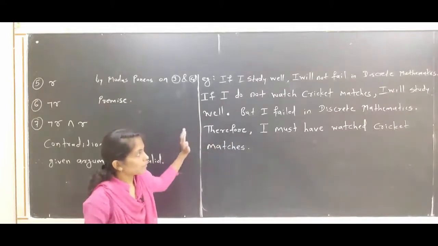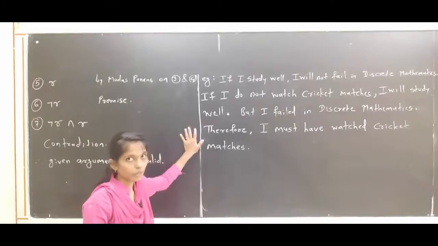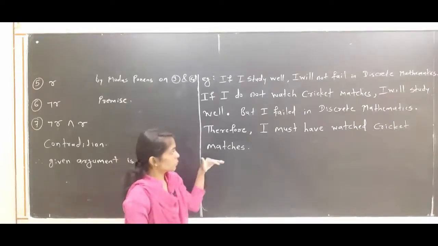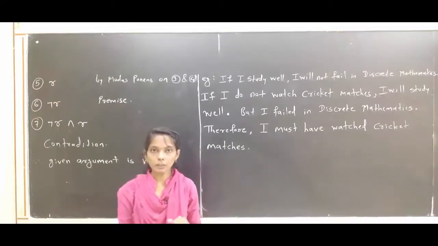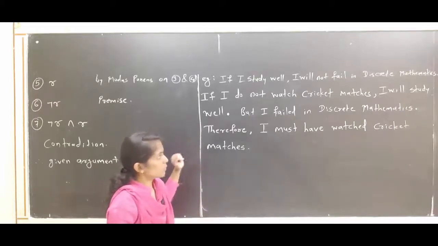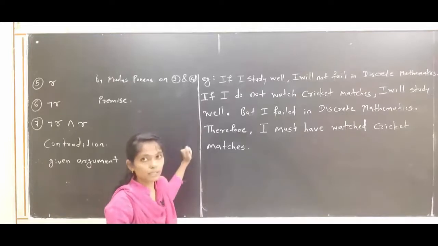Therefore, I must have watched cricket matches. So this example is given and we want to test the validity by using the direct method. First of all, we want to convert this example into the form of an argument.